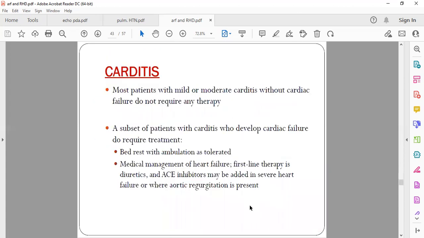If there is carditis, most patients with mild or moderate carditis, with a normal valve and no heart failure, don't require any therapy, because it is seen that most of the time it subsides on its own with bed rest. If there are symptoms of heart failure, it is treated like the normal treatment of heart failure.